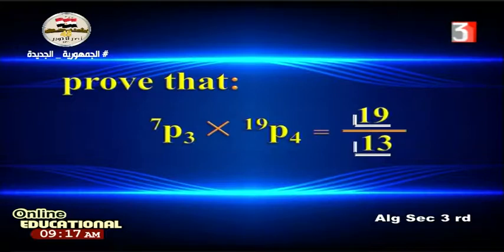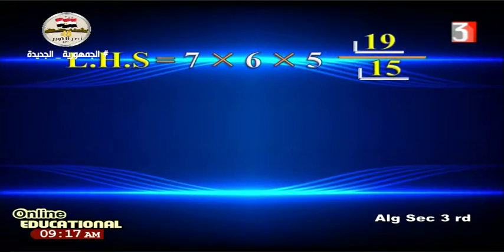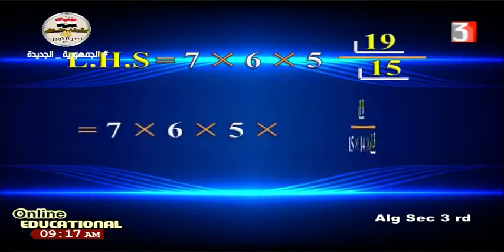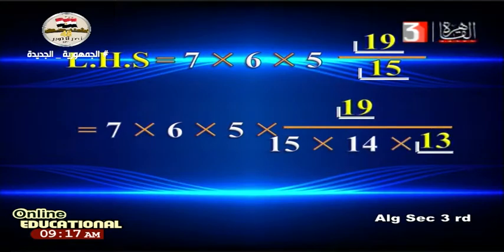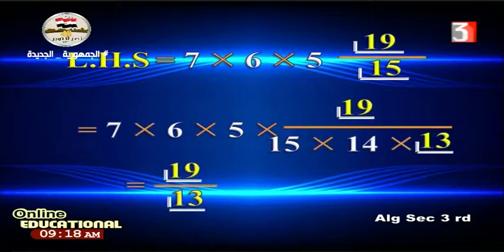And we use simplify. The left-hand side, 7 times 6 times 5 times factorial 19 over factorial 15. Factorial 15 equals what? 15 times 14 times factorial 13. Therefore, we simplify up and down. 7 times 6 times 5 equals 15 times 14. Then the left-hand side equals factorial 19 over factorial 13.